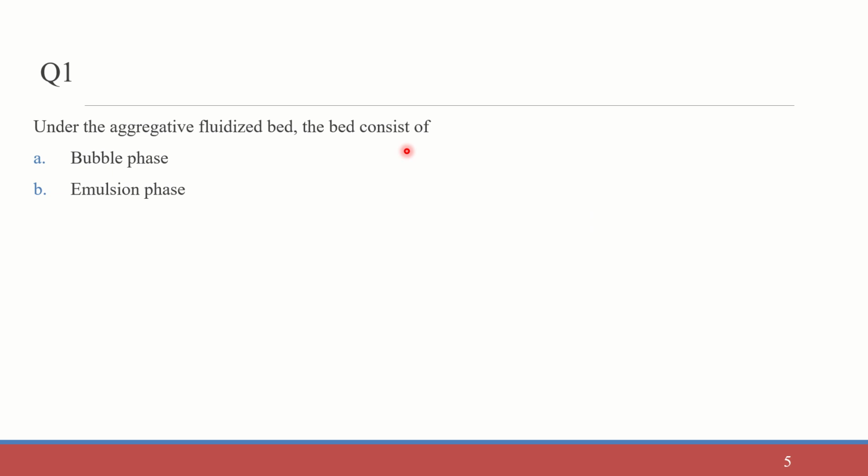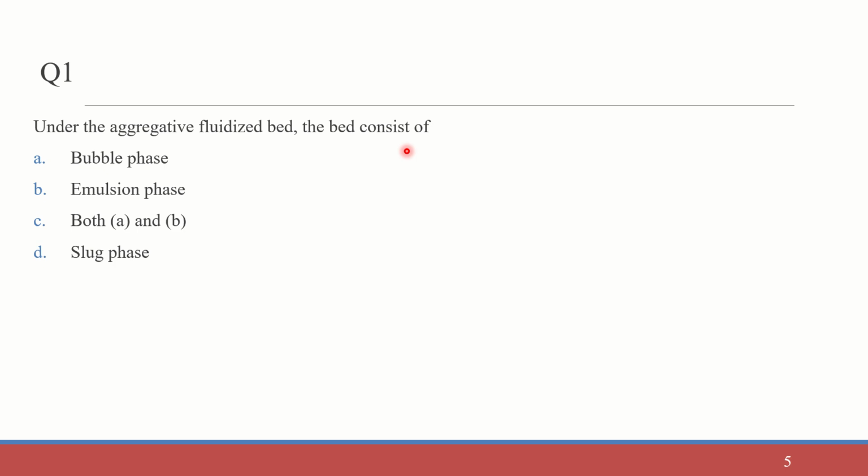Question 1: Under the aggregative fluidized bed, the bed consists of dash: bubble phase, emulsion phase, both A and B, slug phase. I would like to remind you that in today's class of fluidization engineering related to bubbling fluidized beds, almost all the problems are mostly theoretical.